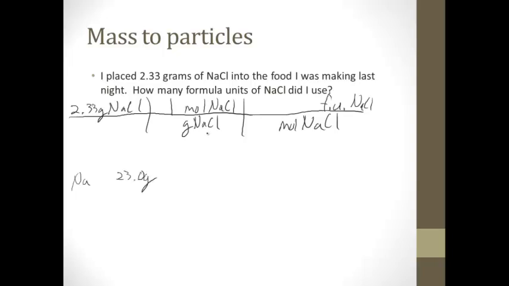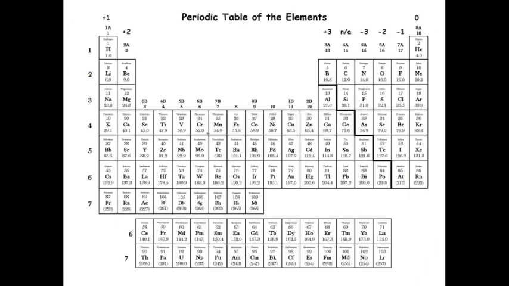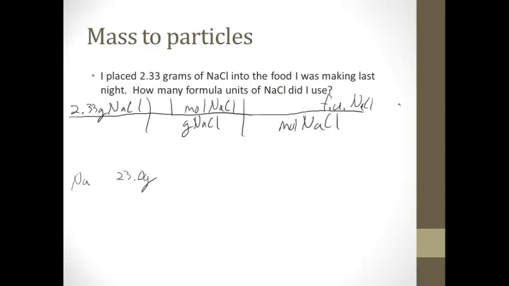There's only 1 sodium since there's no subscript there. And then for chlorine, it's 35.5 grams. So chlorine is 35.5 grams. We are now going to add these up. Alright. And when we do that, we're going to find out it's 58.5 grams. And that's what goes right here.